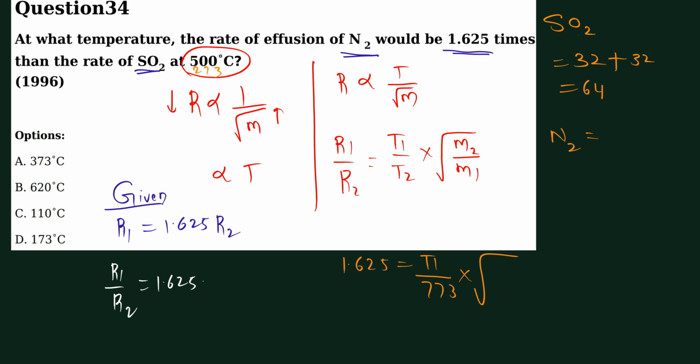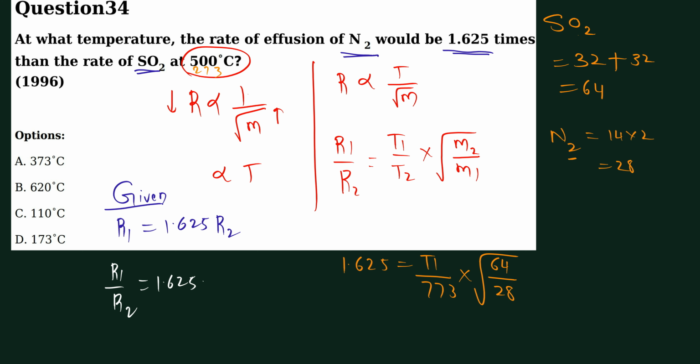Then nitrogen atomic weight is 14, 14 into 2, 2 atoms are there, right? 28. So M2 indicates SO2 molecular weight, M1 indicates nitrogen molecular weight. The second gas is SO2, right? So that is 64 by 28.